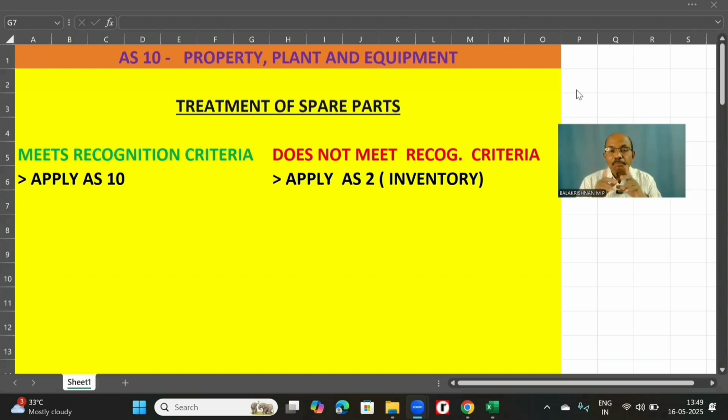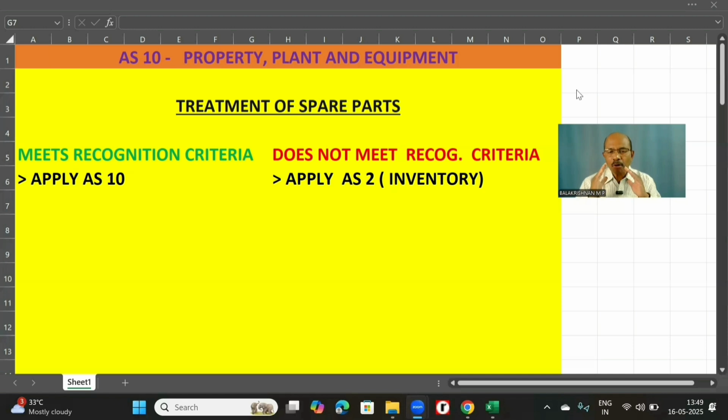Now, spare parts should be treated as inventory or stock if they are used regularly for repairs and maintenance. Their useful life is less than 1 year and they're small in value or nature. Used frequently or replaced often.